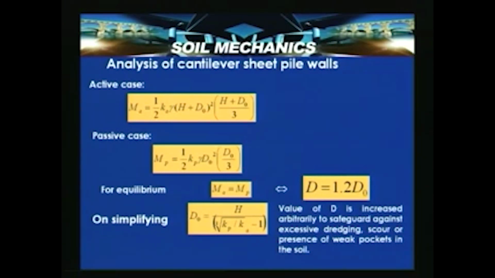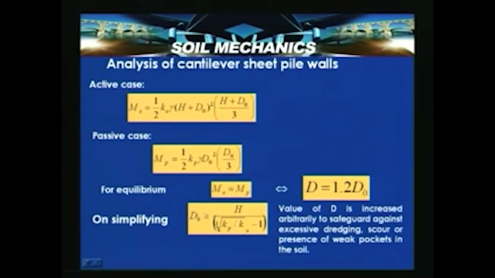By equating the moment caused by the active pressure and the moment caused by the passive pressure and simplifying, you will obtain D naught is equal to H by root over Kp by Ka minus 1.